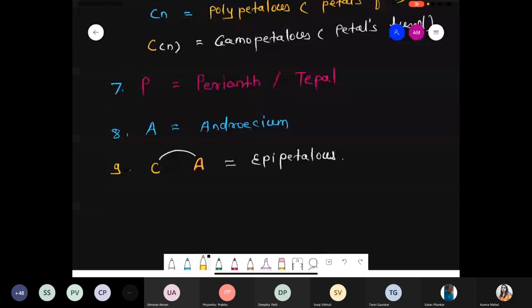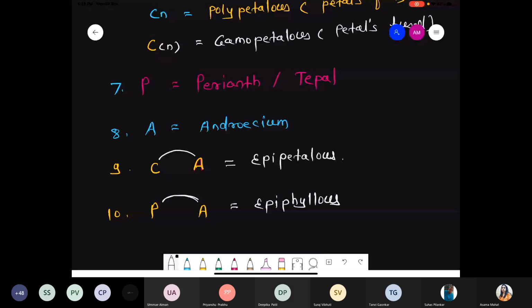Now the number 10 condition. Suppose androecium is present and it shows attachment with P, that is perianth, and there is an attachment sign like this. Such a condition is called epitepalous, or simply epiphyllous condition. And what is the meaning of epiphyllous? Check the previous concept; we saw it in detail. Epiphyllous means androecium attached to perianth.